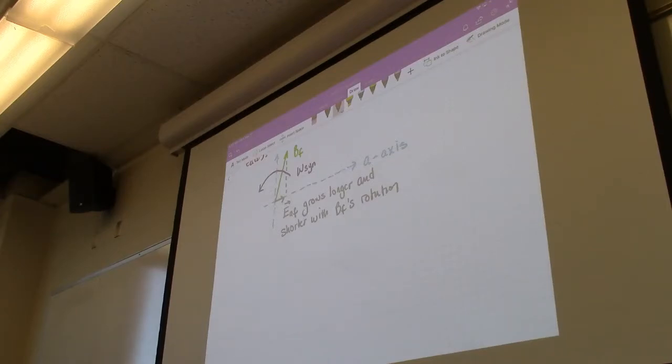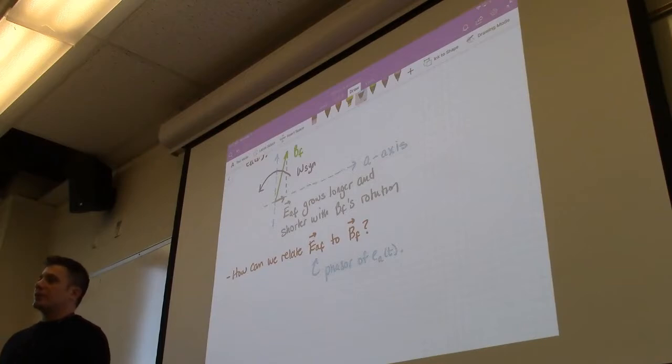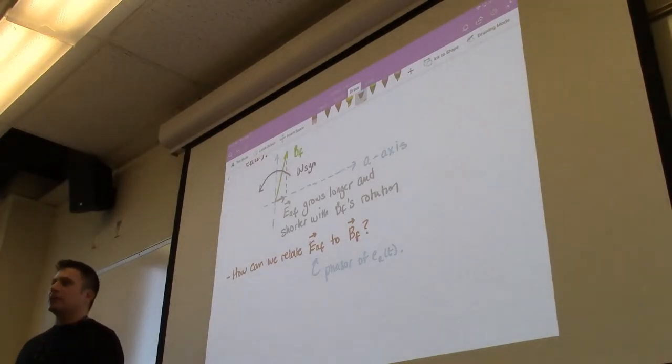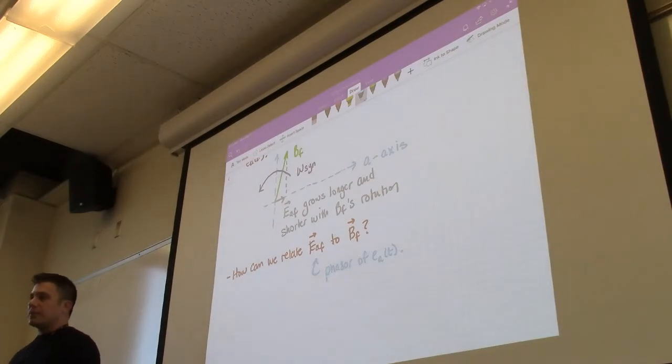Okay, so how can we relate EAF to the magnetic field? EAF is the phasor representation of EA of t. EA of t is the instantaneous value, EAF is a phasor value. Same thing.